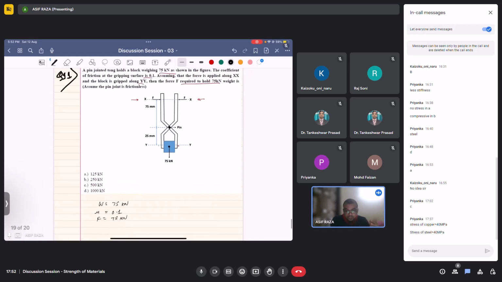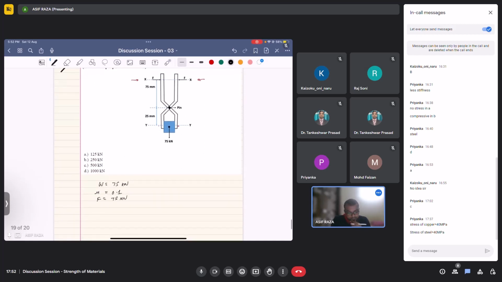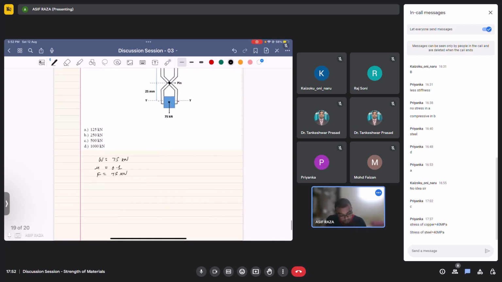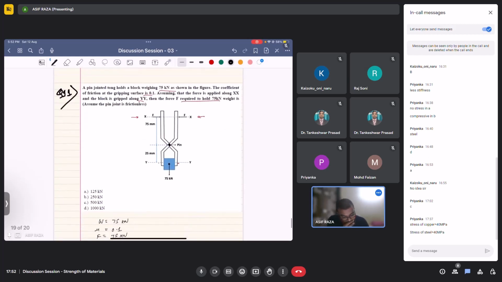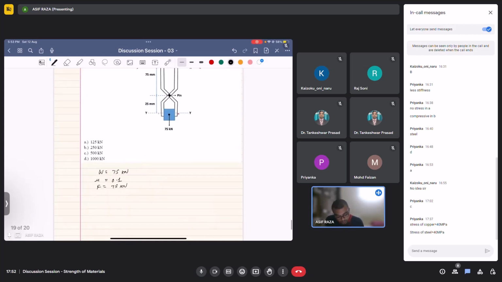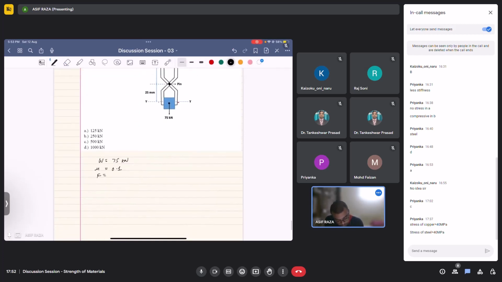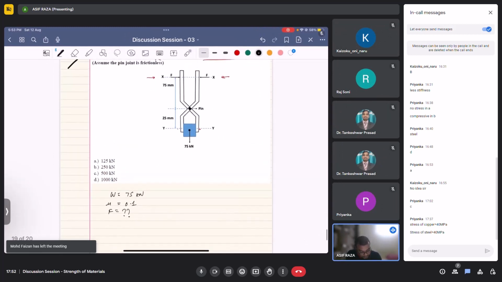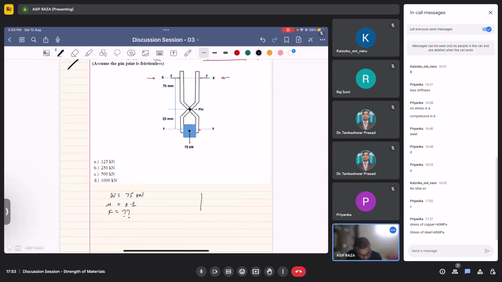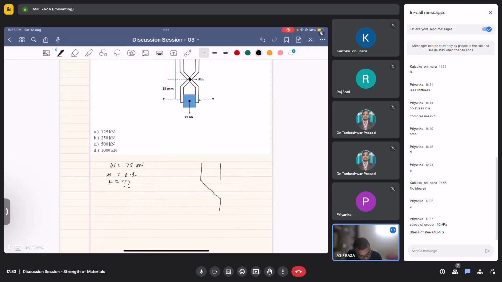Okay, so let's solve it. Oh, F is not given. We need to find F. So let's try to solve it. We're given the system, and here is the block, the blue one.